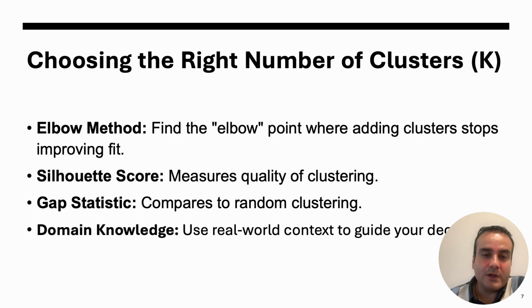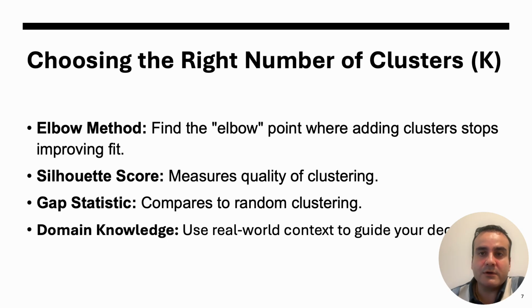This method compares the clustering you get from real data to what you would expect if your data were random. A large gap between the real and random scores suggests a meaningful clustering structure. And finally, domain knowledge. Don't forget common sense and context.